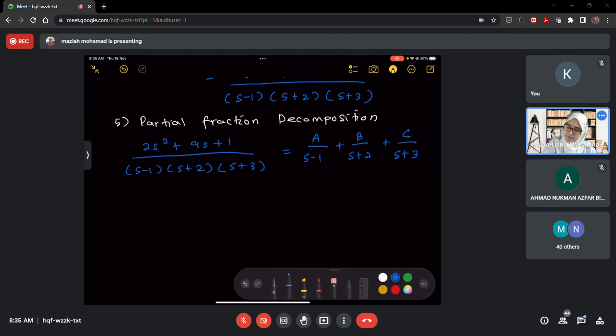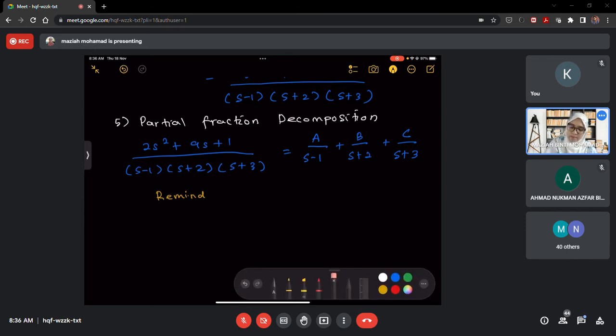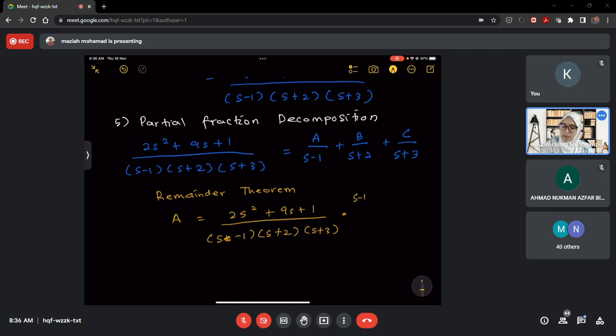So therefore, we have, okay, let's write. Remainder theorem. Okay, remainder theorem. So we have A equal to 2s squared plus 9s plus 1, the numerator, over the denominator, which is s minus 1, s plus 2, s plus 3, multiplied with the denominator of A, which is s minus 1, and then we consider s equal to 1.